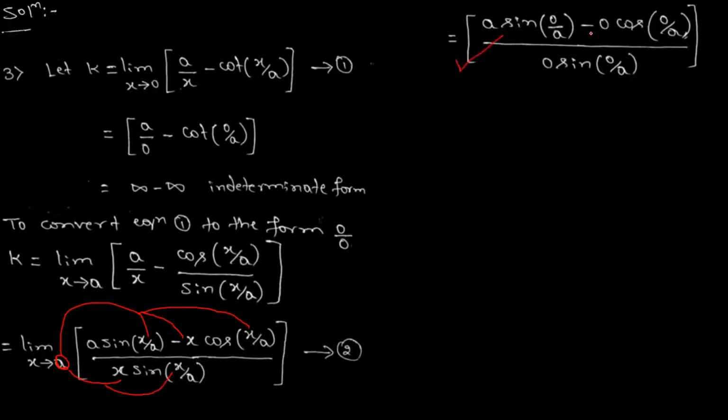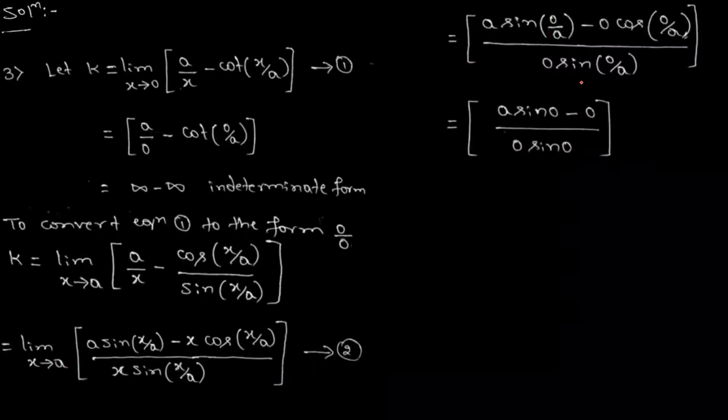Now let us see the answer. We all know sine 0 is 0 because 0 by a is 0. So this term goes to 0, and 0 into anything is 0. In the numerator, we got completely 0. In the denominator as well, 0 into this will be 0. So it is 0 by 0 form we are getting.